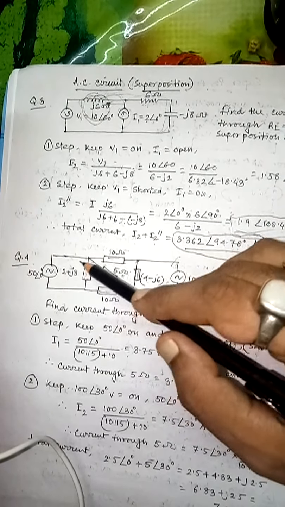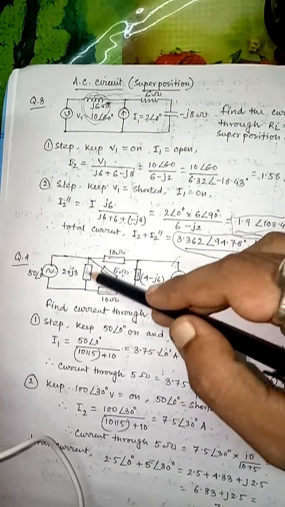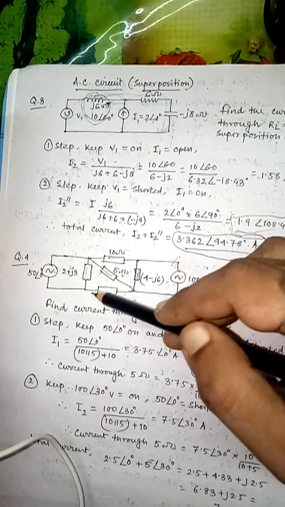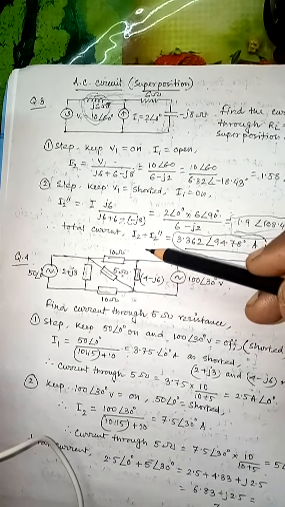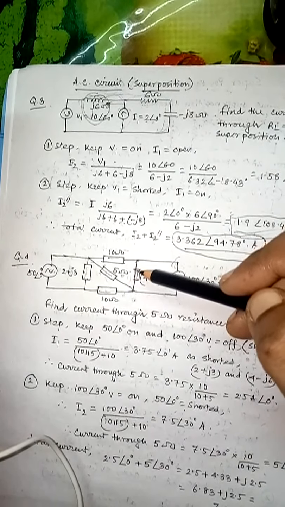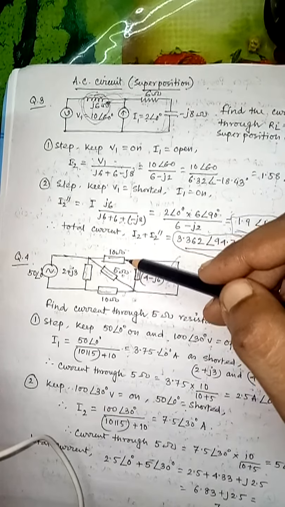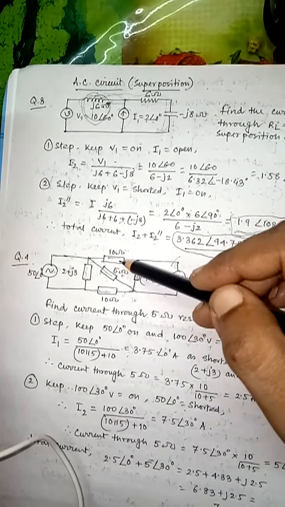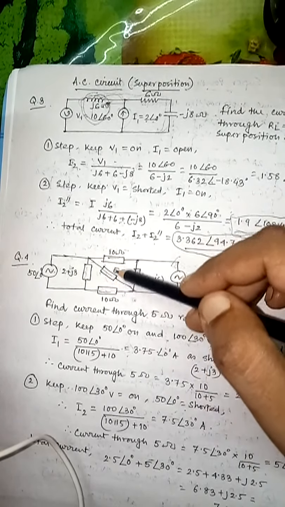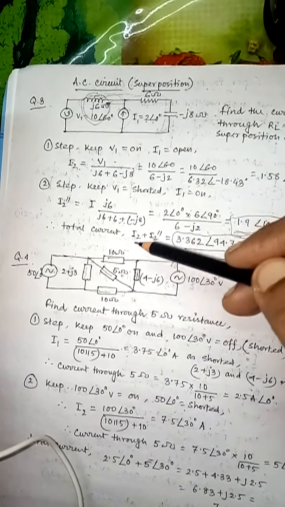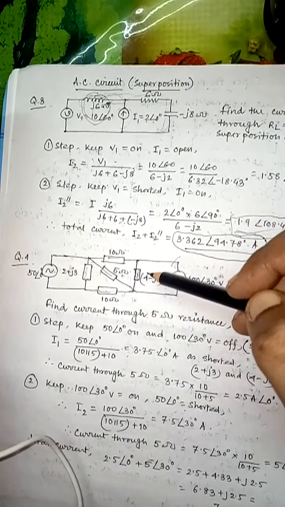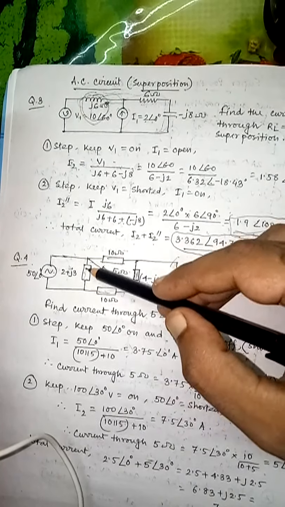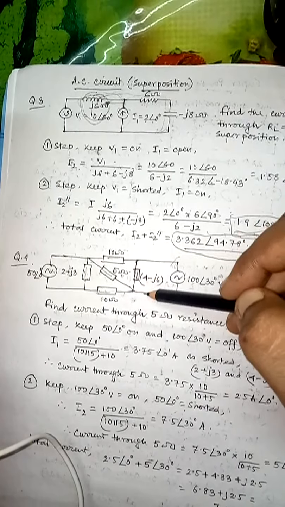The current coming from this has three ways, but finally it is shorted and comes out this way. What is the net resistance for this path? That is 10 and 10 plus 5, with 2 plus j3 and 4 minus j6.